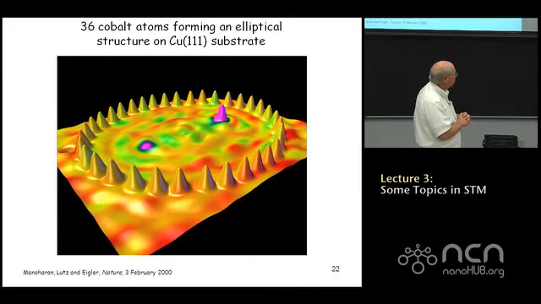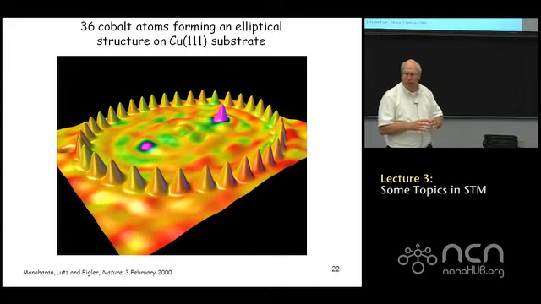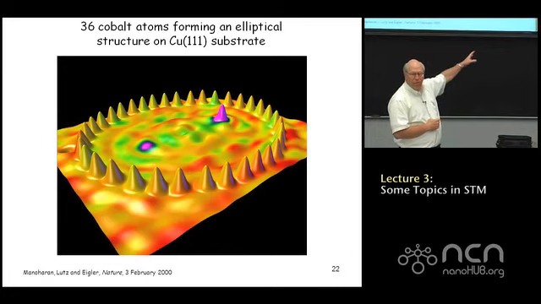So they call this a quantum mirage because there's really no atom present at the focal point on the lower image of this corral.